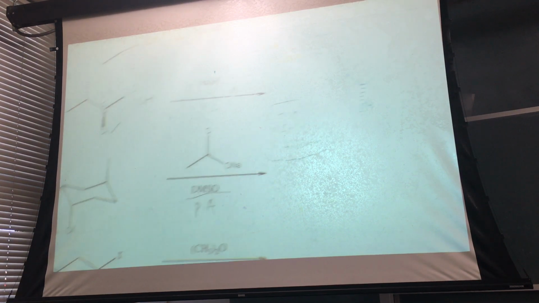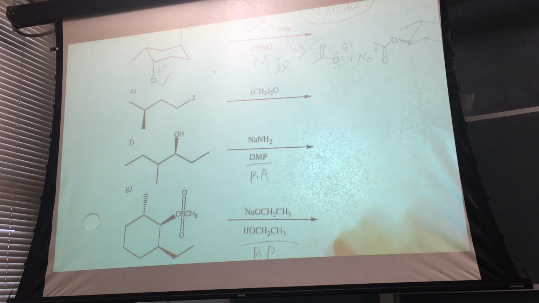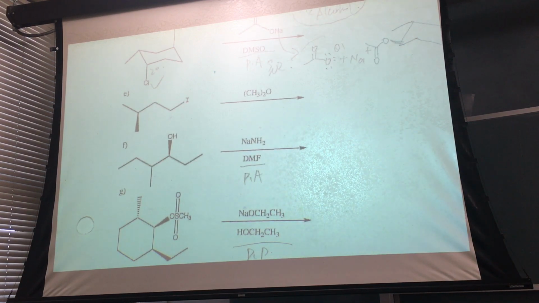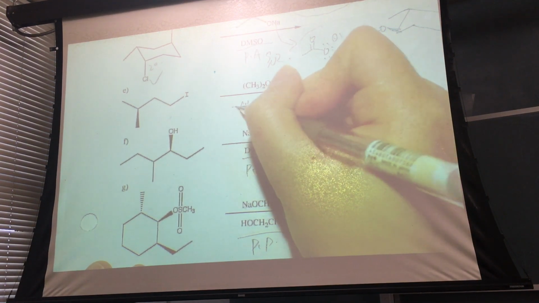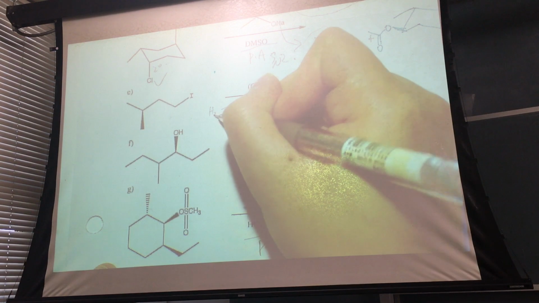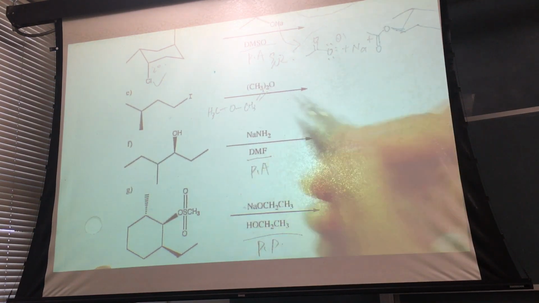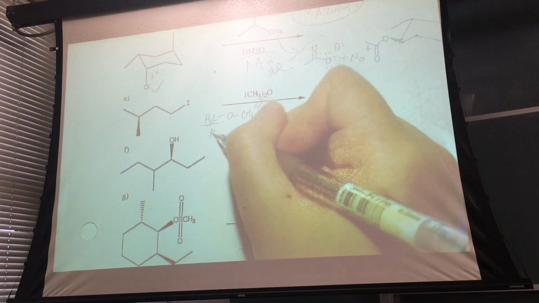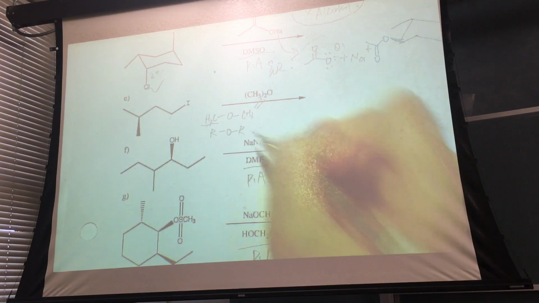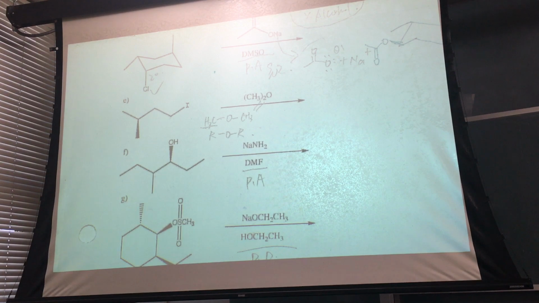This one is an ether, so CH3O CH3. I told you ether is ROR. So this one is ROR. On your table, where is ROR?